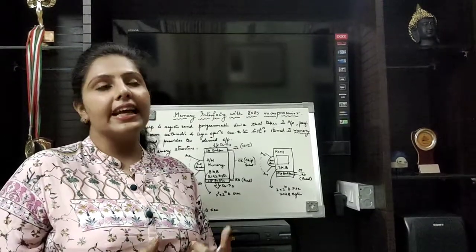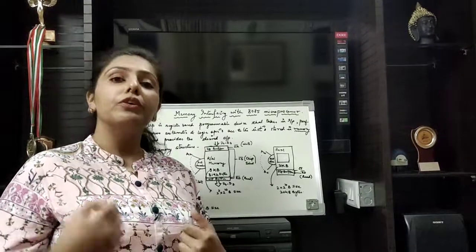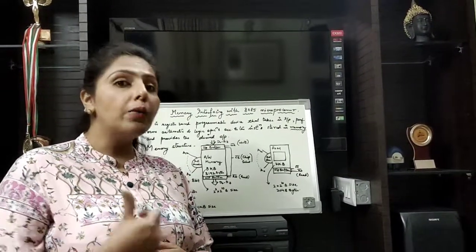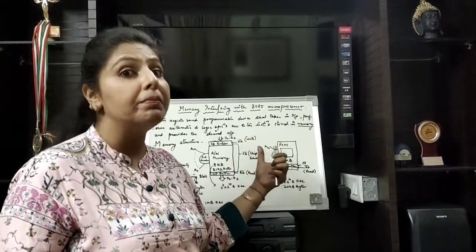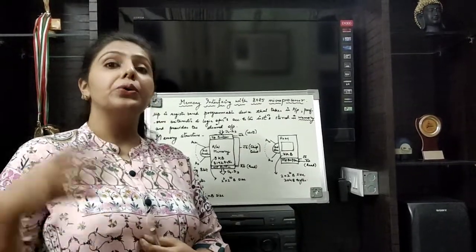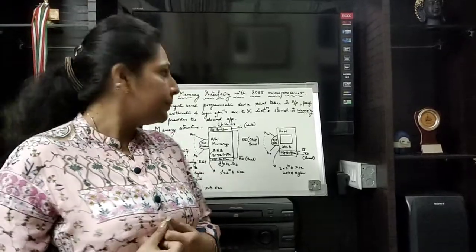We all do multitasking in our daily life, so we want our gadgets to do multitasking. How is multitasking done? It is done with the help of more and more memory interfacing. So with the help of this designing concept, you come to know how we do multitasking with our gadgets.